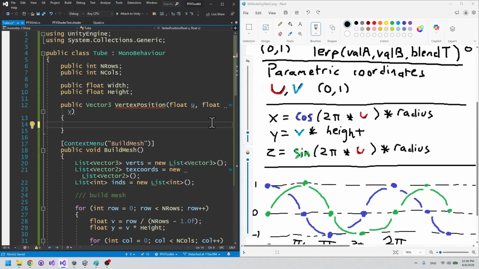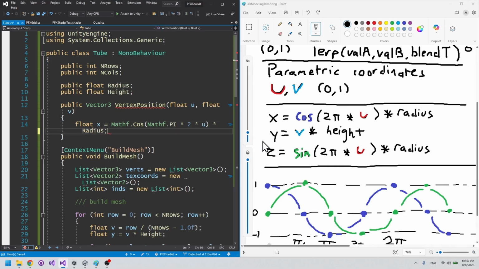And then we can just basically copy this, right? Our x coordinate will be cosine, and that's going to be in our Mathf class here. And then we'll take also Mathf.PI, multiply by 2, multiply our u in there. And then we need to multiply in our radius. Now the grid that we just copied has a width. So let's change this to radius. And we'll use that to multiply into our x coordinate.